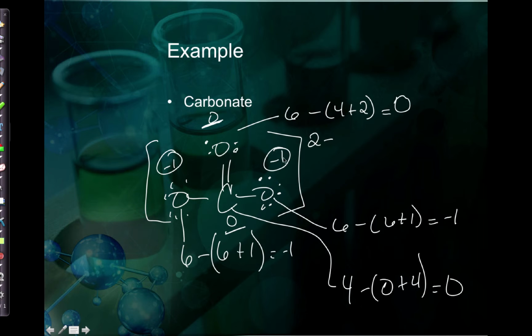Also, it's really good when the formal charges are as low as they can possibly get. In this case, this is as low as it possibly can get. I've got 2 zeros and I've got a negative 1 and a negative 1. It has to be negative 2. So this is as low as we can get. Also, you want to have the negative formal charges on the more electronegative atoms.